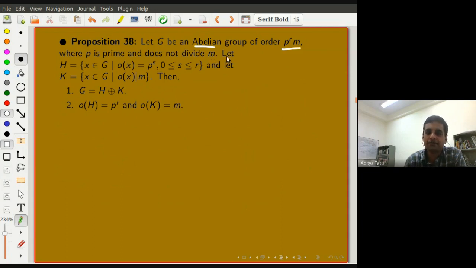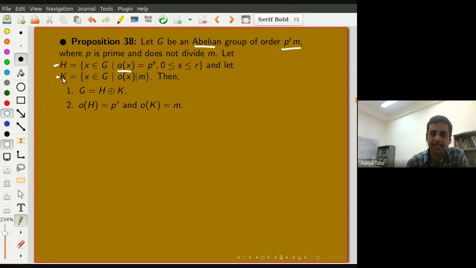Then I'm defining two subsets of G, H and K. H contains all elements of the group G whose order is P to the power S, where S can be any number between 0 and R. Remember, this is a condition on the order, not on X. So if the order of X is P to the power S, S between 0 and R, then that element is an element of the subset H.